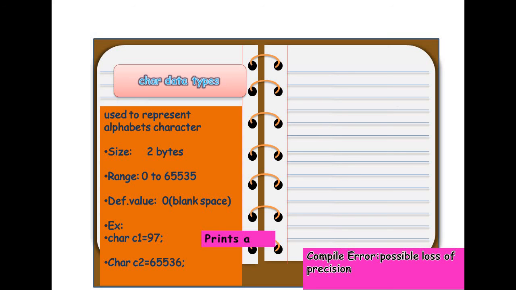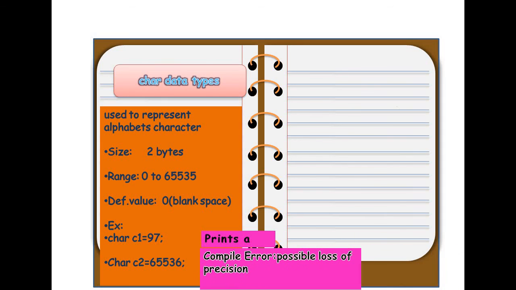It is beyond the range, so it shows an error: compile time error, possible loss of precision. So we have to take care while defining variables. We have to note whether the value is in the range or not, otherwise it will give the compile time error, possible loss of precision.